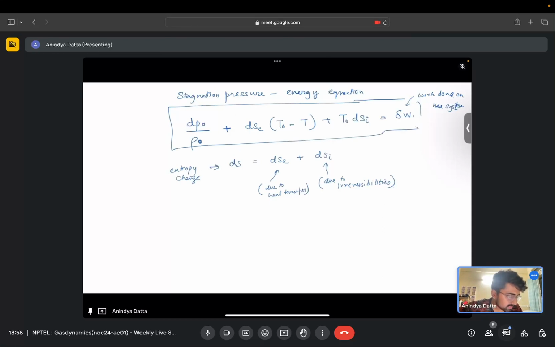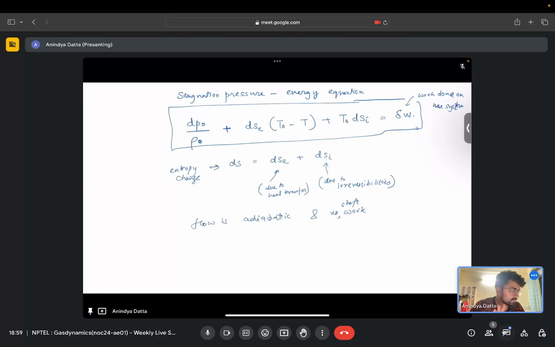Now, in most of the flows that we will deal with in the course, mostly in gas dynamics, we assume that the flow is adiabatic and no work done, no shaft work. Generally we have seen that this work done, in case of an open system, is in the form of shaft work.